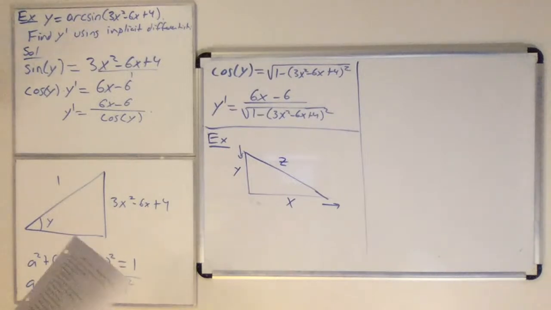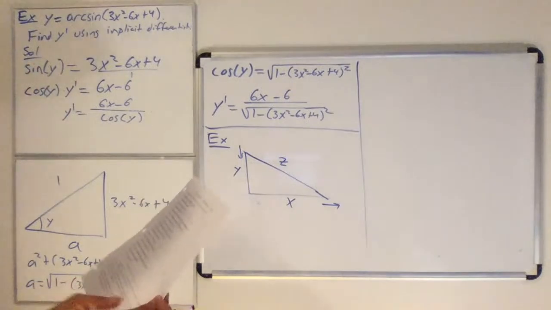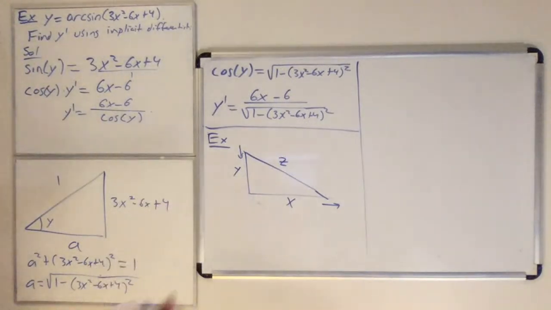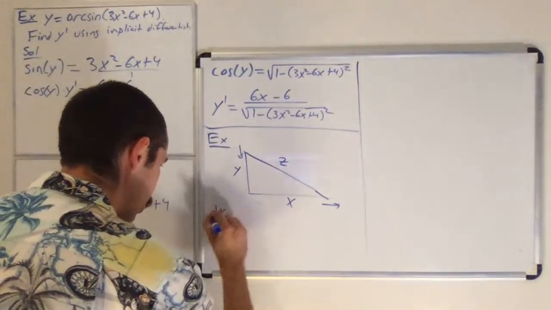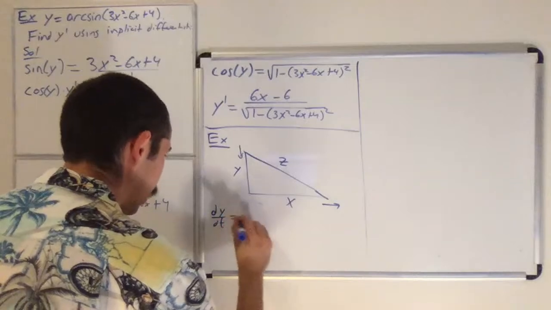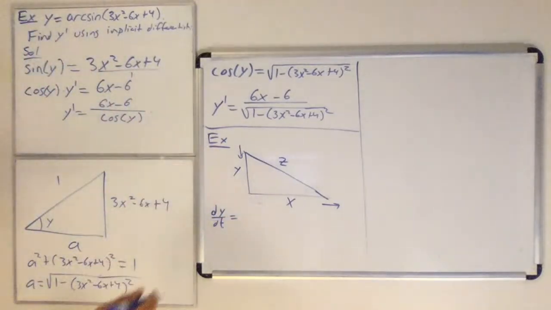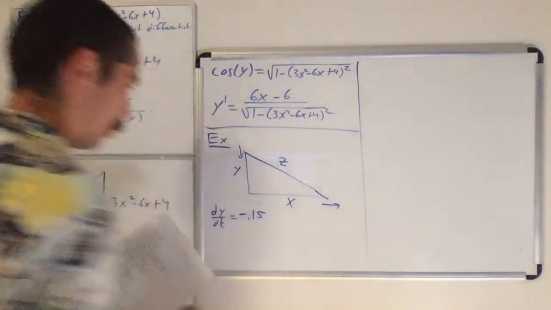Okay, so we're dealing with this sort of ladder problem. The top of the ladder slides down at a rate of 0.15 meters per second. So y is changing, so dy/dt is changing at a rate of 0.15 meters per second, and it's decreasing. So it's negative 0.15.